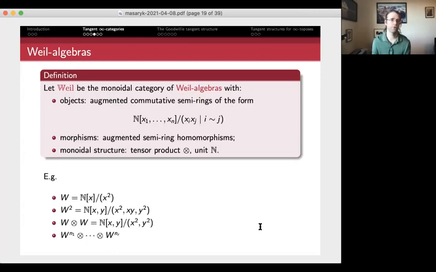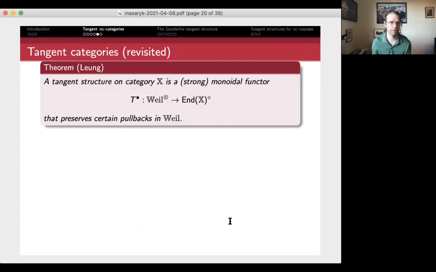So Leung noticed that the structure of this category really captures all of the structure of a tangent category. So here is Leung's theorem then.